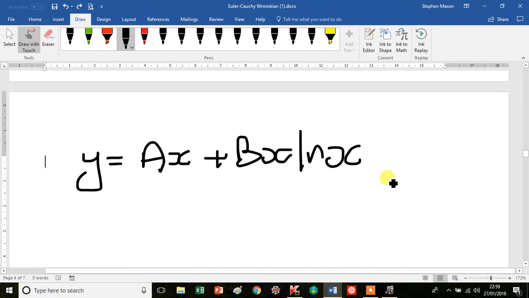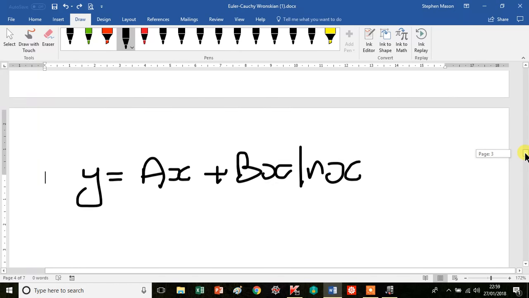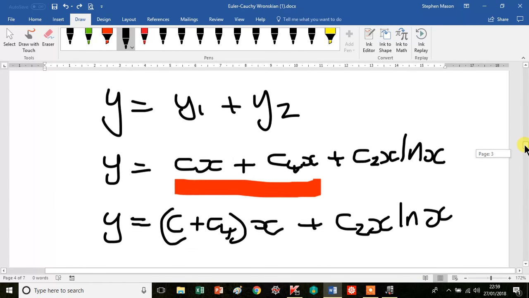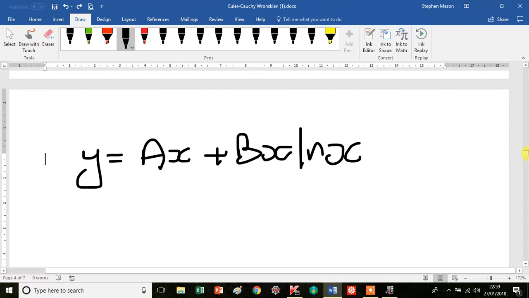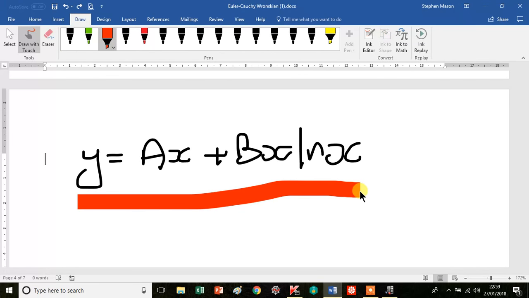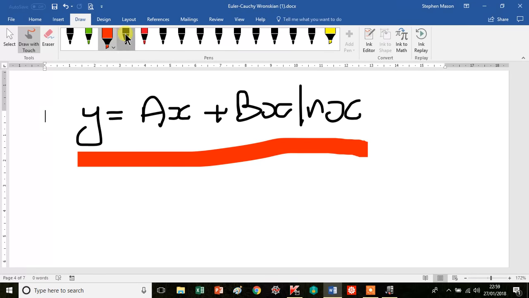Sometimes some mathematicians put modulus signs around the x, but anyway, you can just leave it like that, and you can do the analysis to see what the solution actually looks like. But that is our general solution to equation 1.